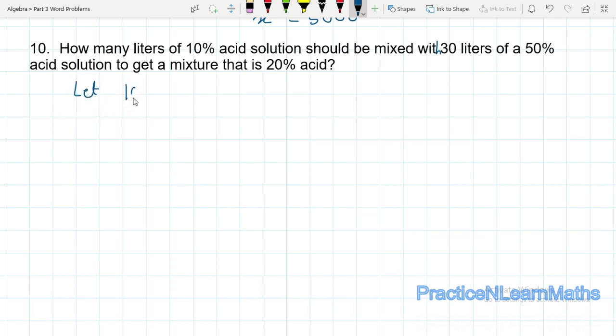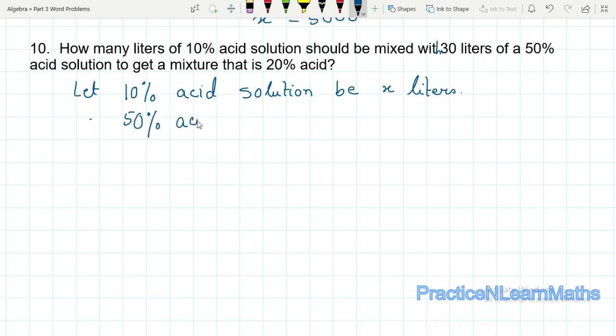Let the 10% acid solution be x liters and the 50% acid solution is equal to 30 liters.